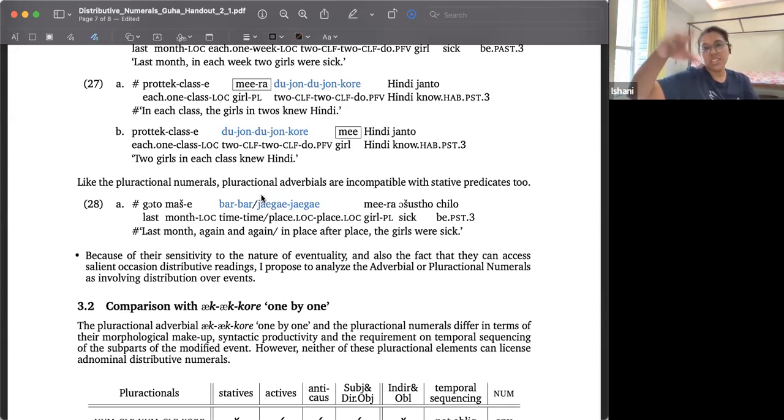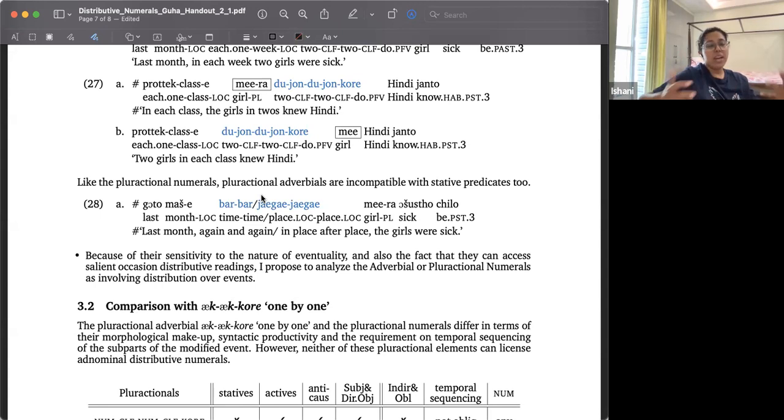So this is why these are important facts for making the semantics. That is, I'm saying that the adverbial numerals are actually using distribution over events, whereas the abnominal ones are doing distribution over individuals.